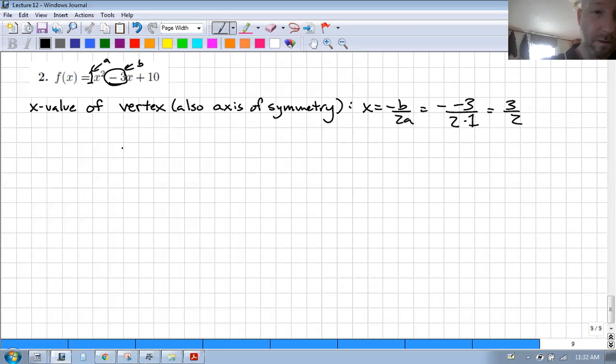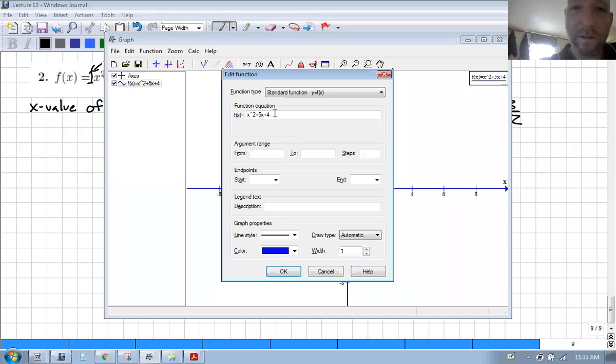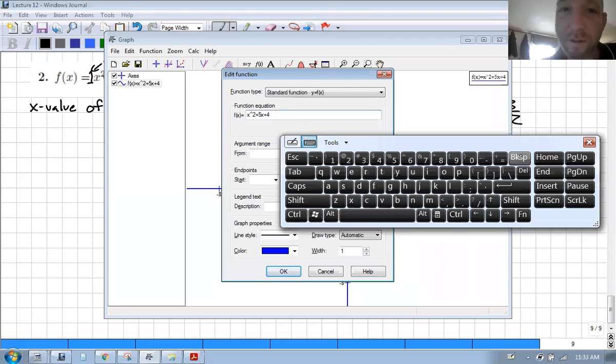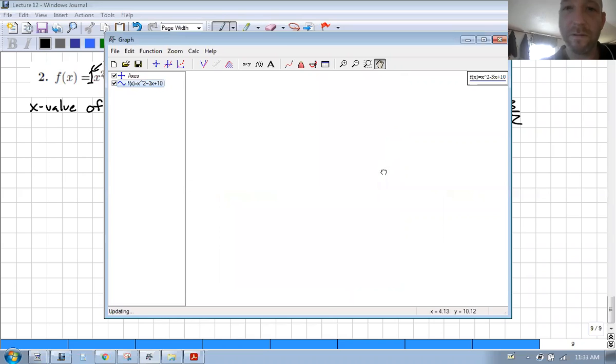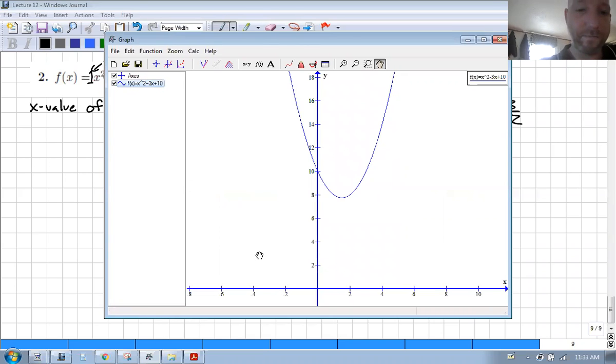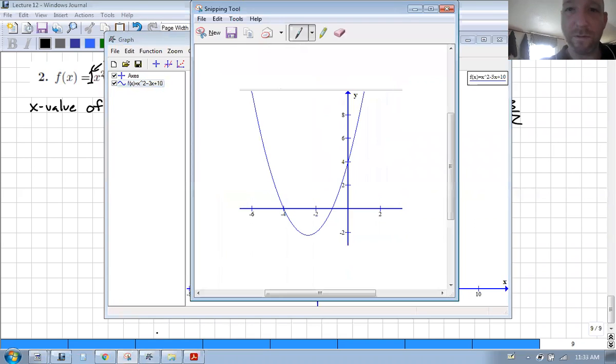All right, so I'll just graph this guy with the software so it looks nice. X squared minus 3x plus 10. Snipping tool.